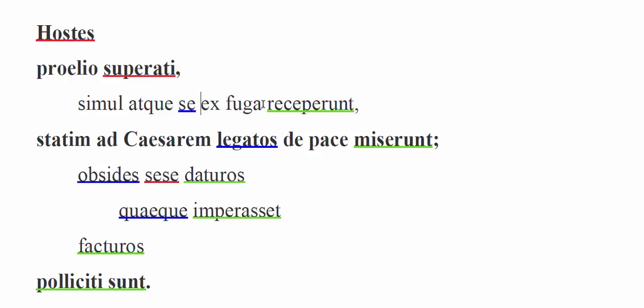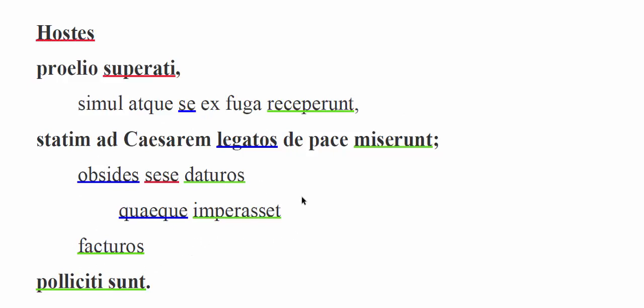So as soon as they stopped fleeing, straight away, statim, straight away to Caesar, ambassadors for peace they sent. So as soon as they stopped running away, they sent ambassadors to Caesar asking for peace.